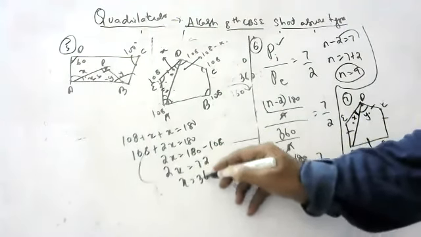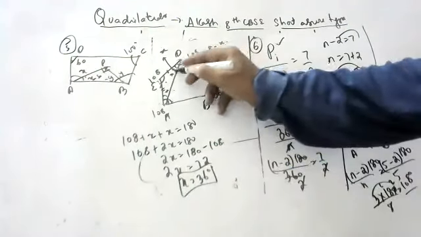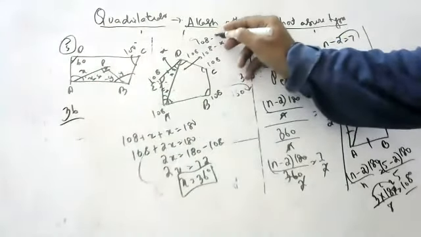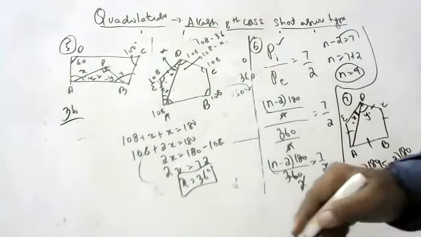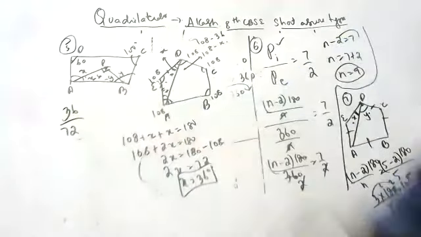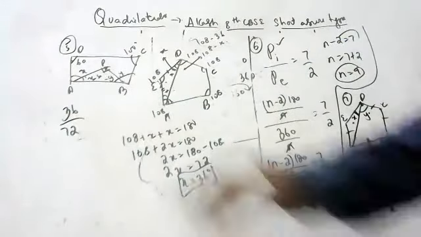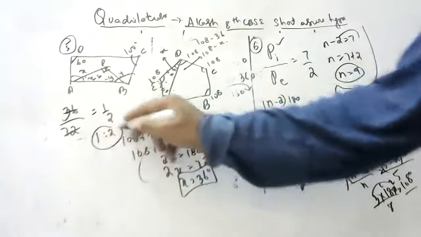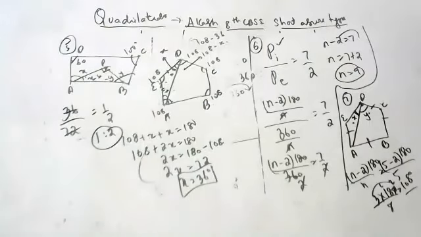X is equal to 36 degrees. If one is 36, the other is 108 minus 36, that is 72. So what is the ratio? 1:2.